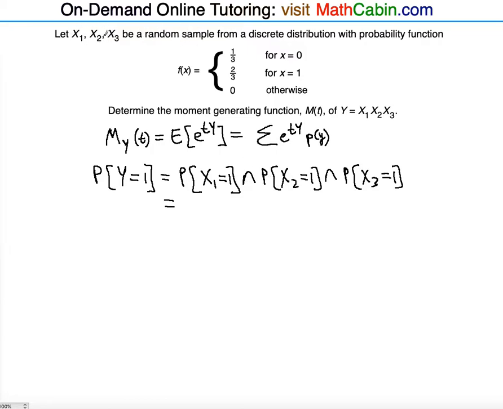These three random variables, even though they follow the same distribution, constitute a random sample. That means each random variable is independent of the others, all of them mutually independent. So if they're independent, the probabilities will be multiplied.